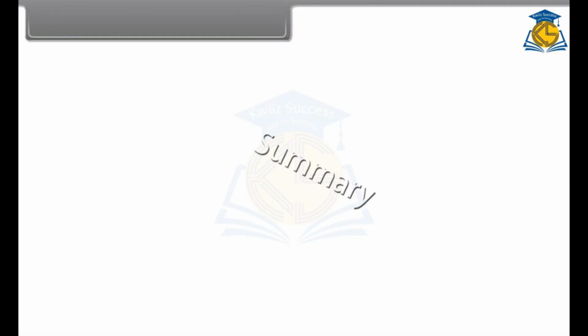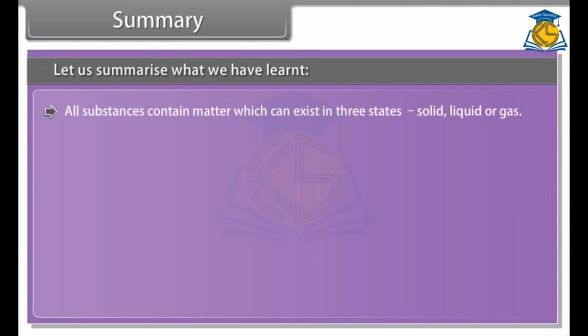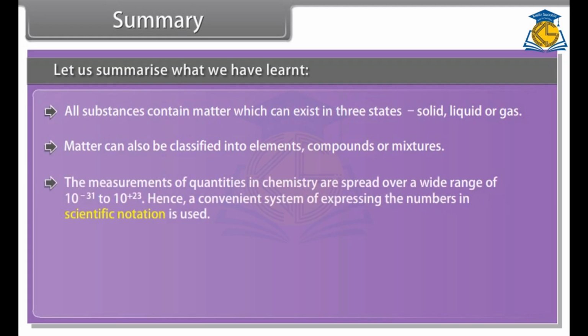Summary. Let us summarize what we have learned. All substances contain matter which can exist in 3 states: solid, liquid, or gas. Matter can also be classified into elements, compounds, or mixtures. The measurements of quantities in chemistry are spread over a wide range of 10 raised to the power minus 31 to 10 raised to the power 23.